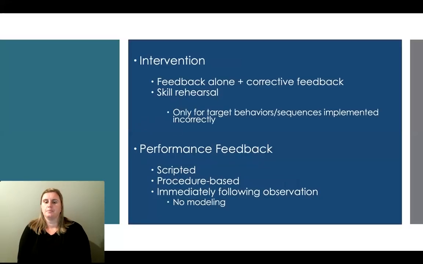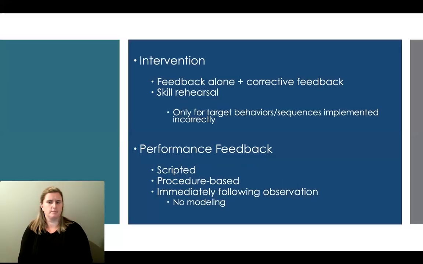The intervention, as I already mentioned, was feedback plus corrective feedback and a component of skill rehearsal, which was only implemented for target behaviors or sequences implemented incorrectly. Feedback in this specific case was scripted so that all participants received the same kind of feedback, independent of or individualized to their specific performance.